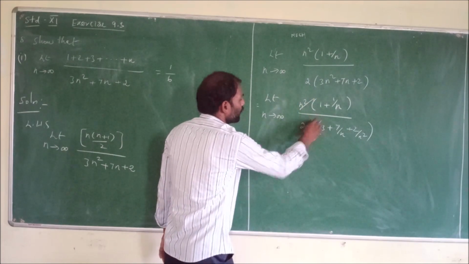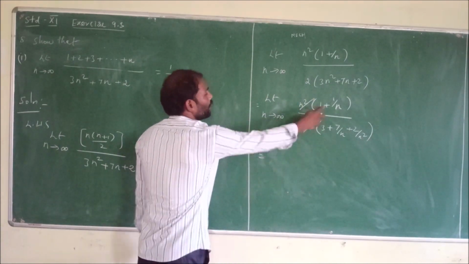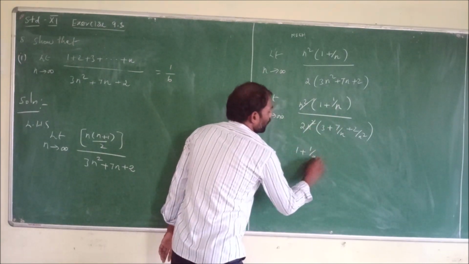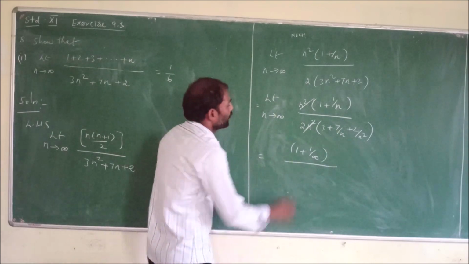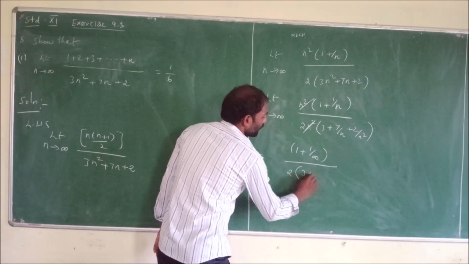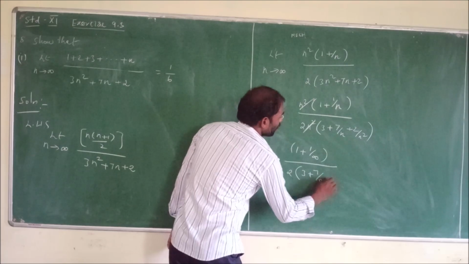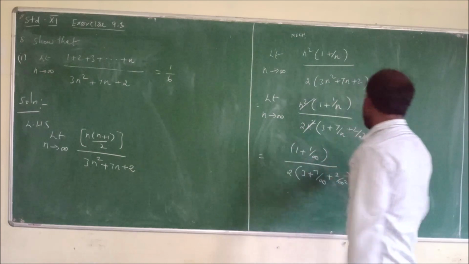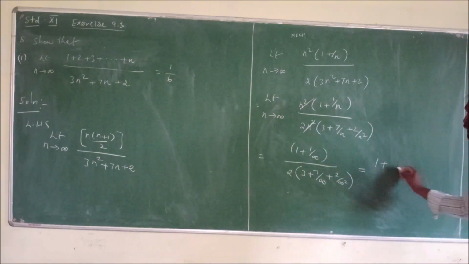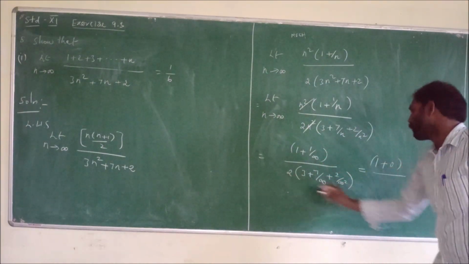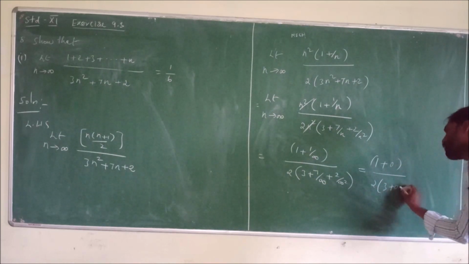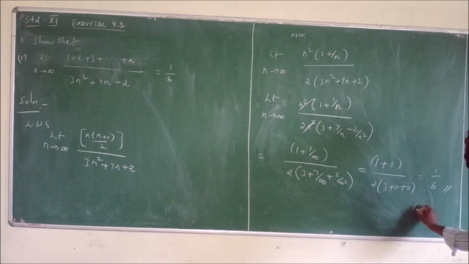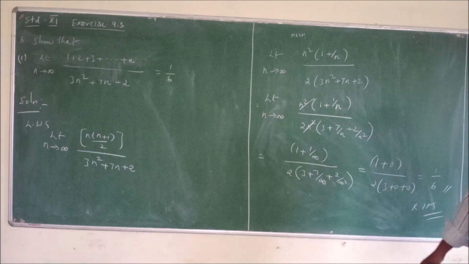So eliminating n square and n square, then applying n tends to infinity for the limit: 1 plus 1 by infinity for the numerator, divided by the denominator term 2 into 3 plus 7 by infinity plus 2 by infinity square. The numerator is 1 plus anything by infinity, which is 0, divided by the denominator 2 into 3 plus 0 plus 0, equal to 1 by 3 into 2, 6, which is the RHS term of the 8th problem for subdivision 1.